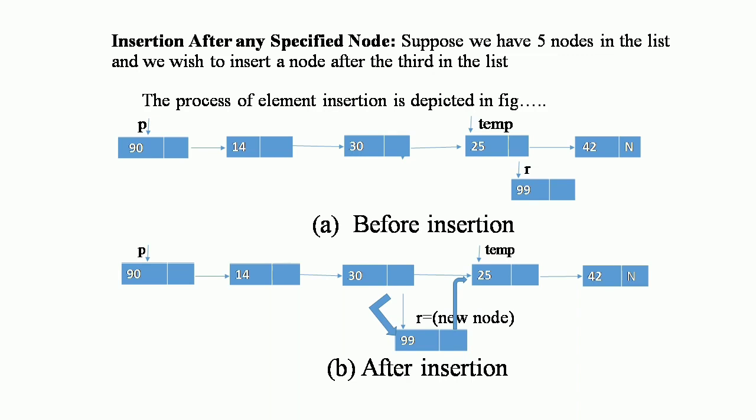Before insertion, after 30 we have two connections in the node. One arrow connects to 25, that is the temporary node, which already has one bottom connection. In the previous connection it is 30 to 90.